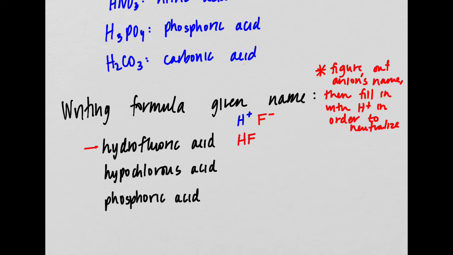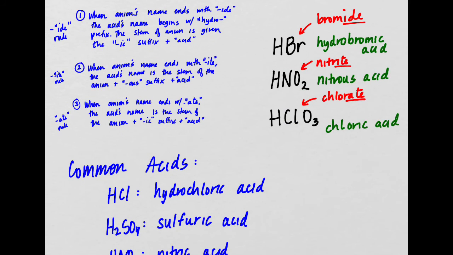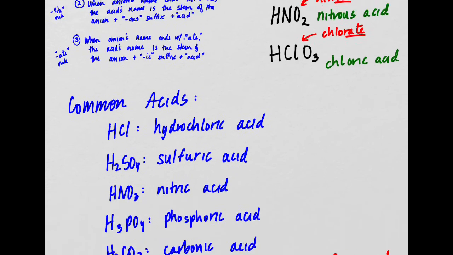All right, so that was the first one. Now let's look at the second one. Hypochlorous acid. So this is not hydro, it's hypo. I was trying to confuse you here. So we are ending with the OUS ending here. That means that the anion's name ends with ITE.